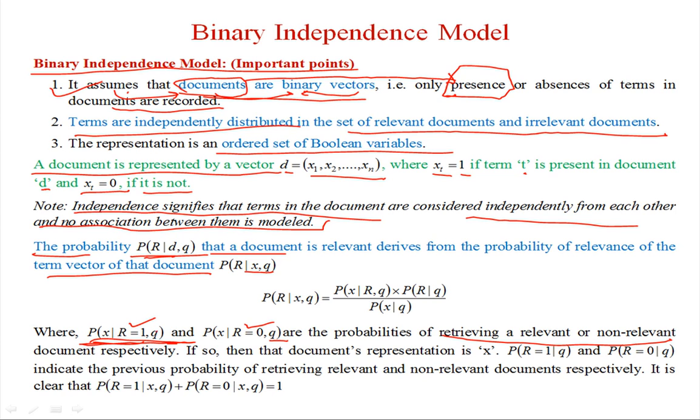P(x|R=1,q) represents the arrival of documents when term q is present in the document and the document is related to that query term. P(x|R=0,q) represents that the document is not relevant to the query terms while the query term is present in that document.